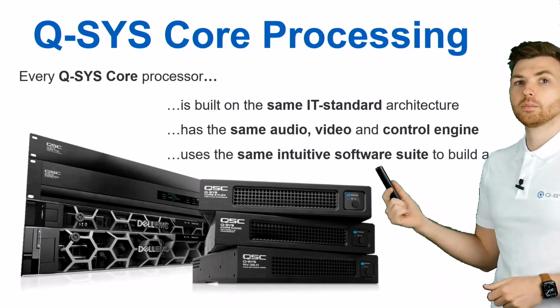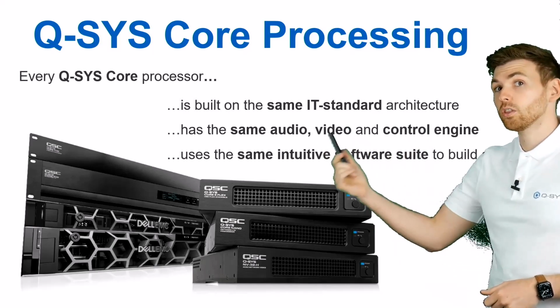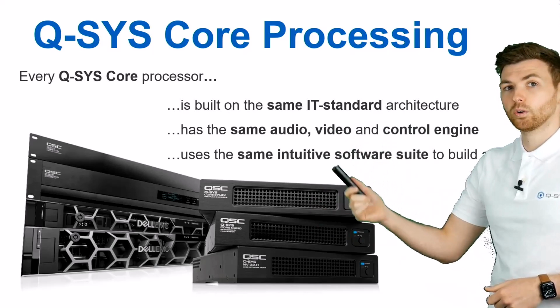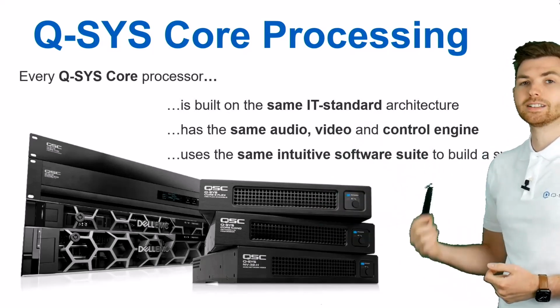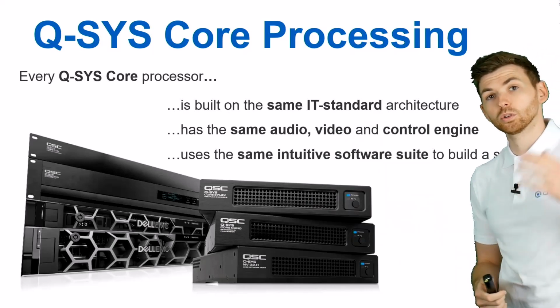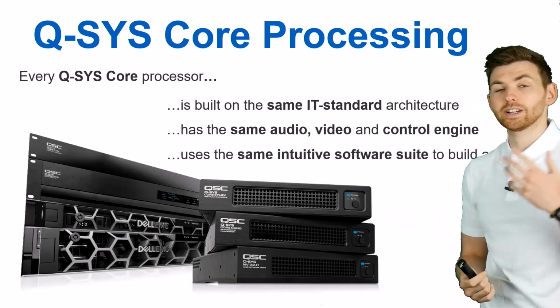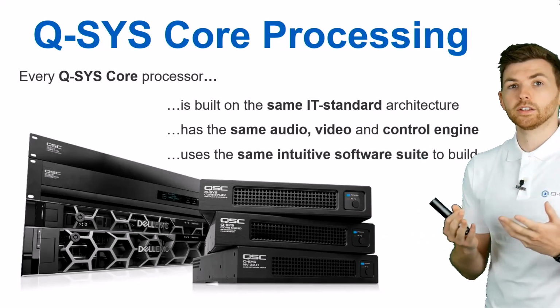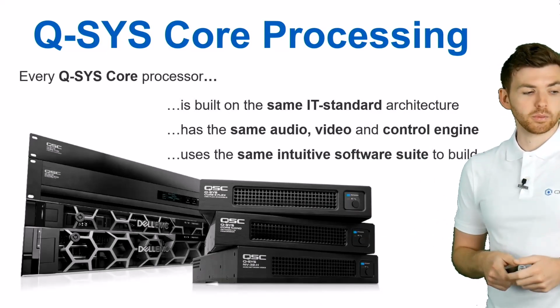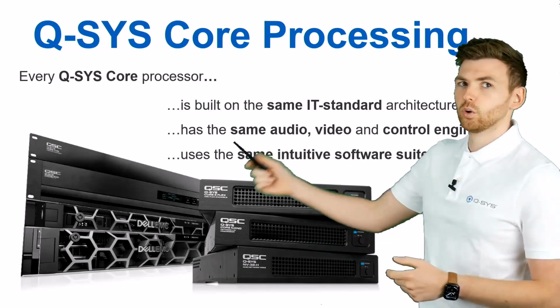They all have the same software on the product itself, the same audio engine, same video engine, same control engine, and they're all configured using exactly the same piece of software, which is called Q-SYS Designer. And in fact, that's really the only software we make, one thing that does all of these different jobs in one environment. But you can see there's lots of different cores here, okay?